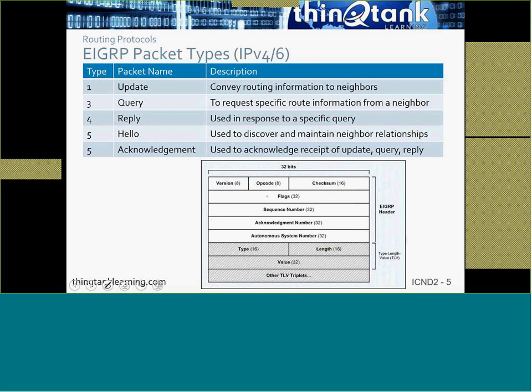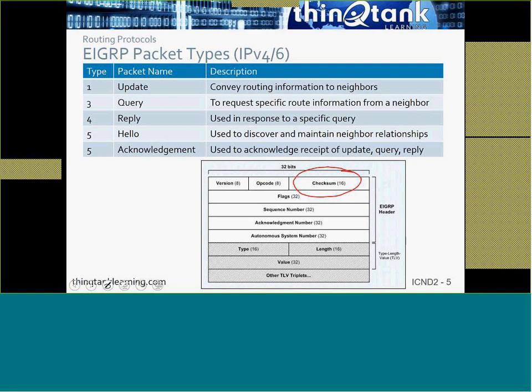The opcode field represents this type field here. So opcode will tell whoever's processing this datagram what type of message it is. If the opcode is a 1, then we know this is an update. If the opcode is a 4, we know this is a reply, and so on. The checksum. You guys know what a checksum is. All right?